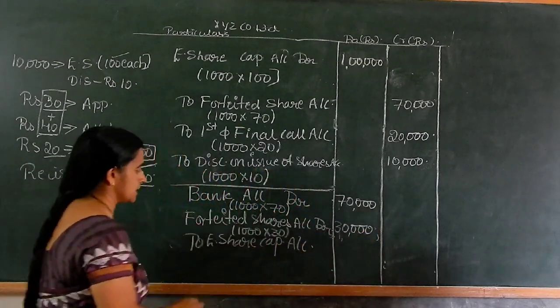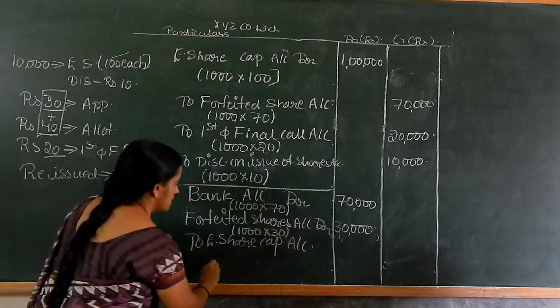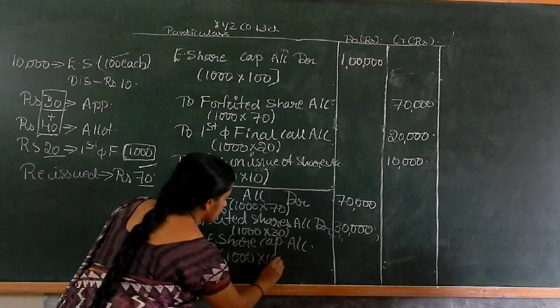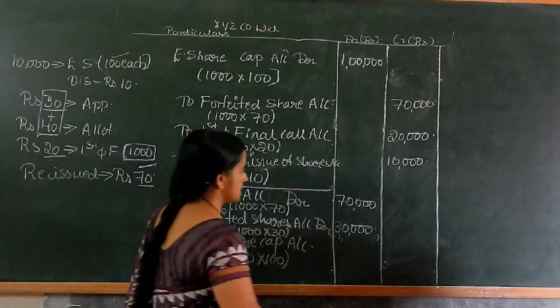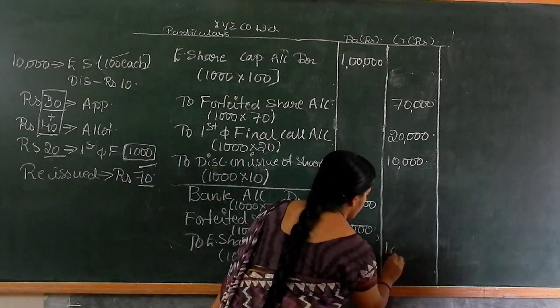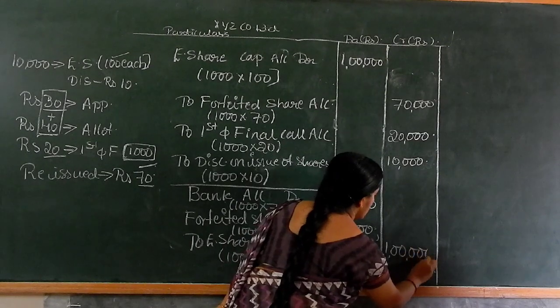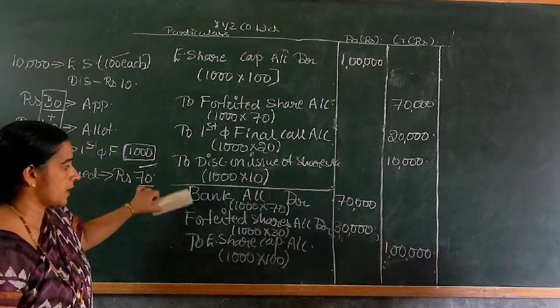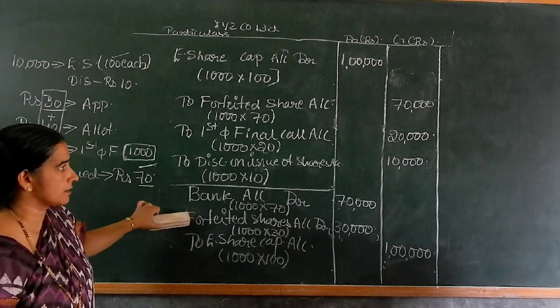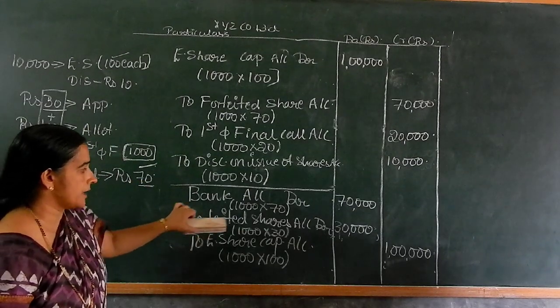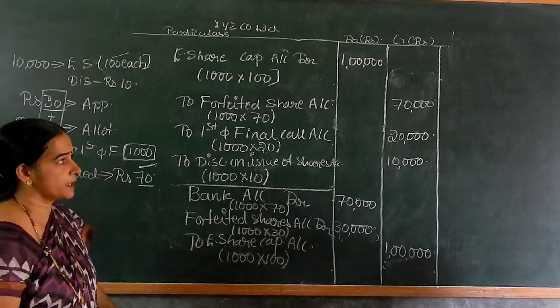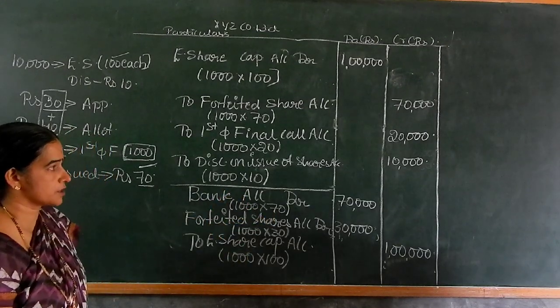And share capital account will be credited with 1000 into 100 face value, that is 1 lakh. Being the 1000 shares are reissued at rupees 70 per share.